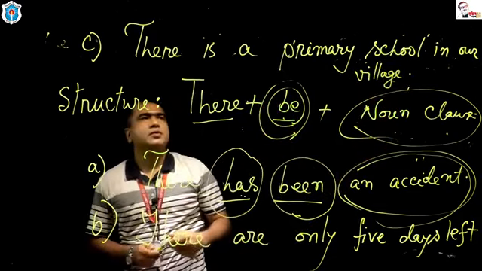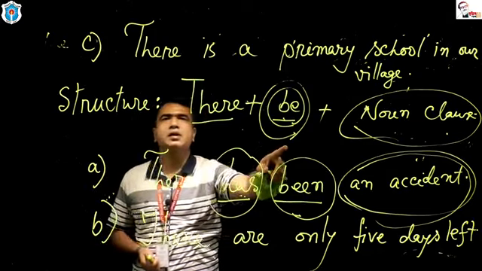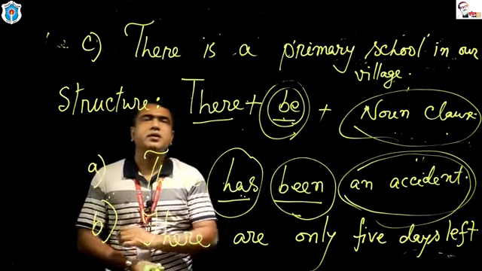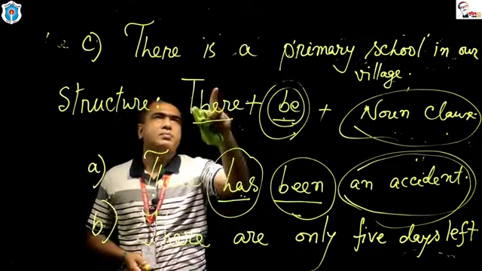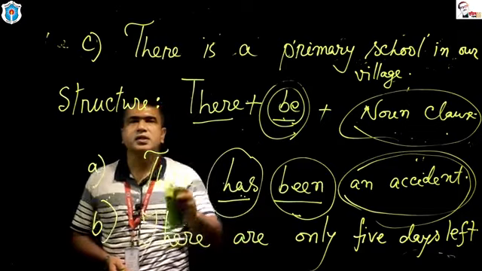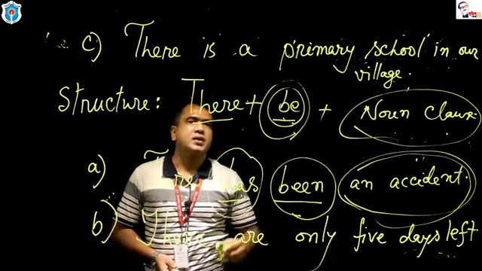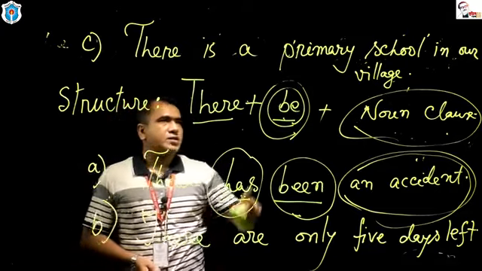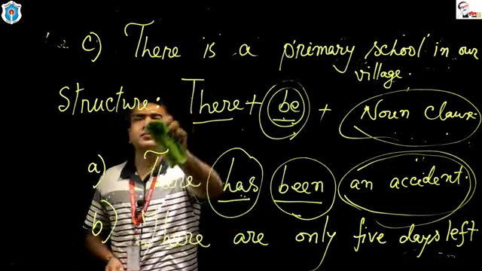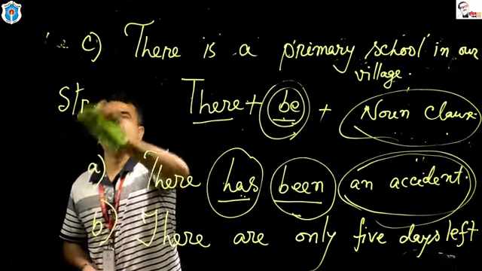So we should follow the noun clause to use the form of the be verb accordingly, or according to the meaning. We can use any tense or any form of the be verb: there is, there was, there have been, there has been, but we should follow the noun clause that is used after there.